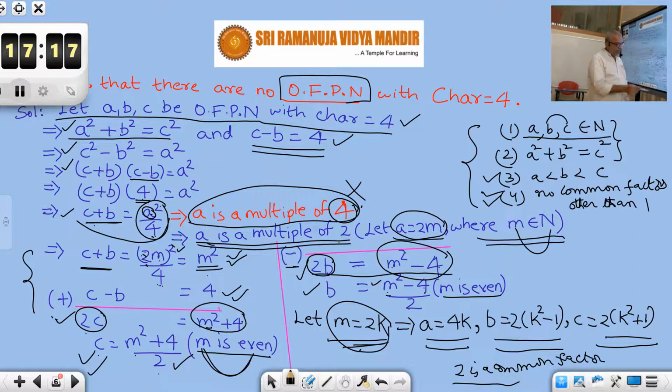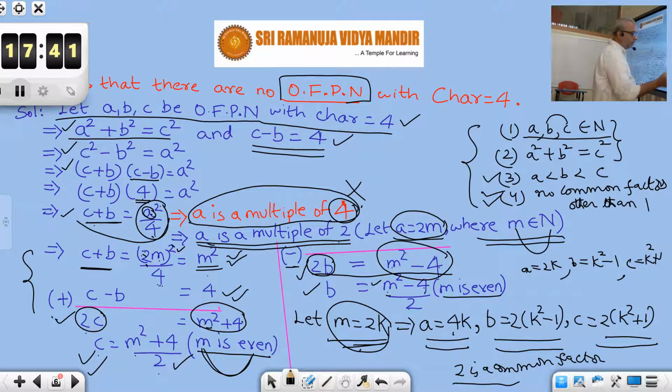If you remove the 2, what happens? Divide by 2, you will get a is equal to 2k, b is equal to k square minus 1, c is equal to k square plus 1. What are these?